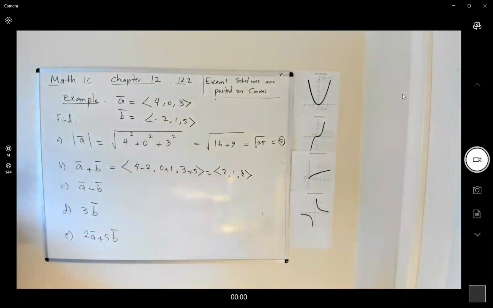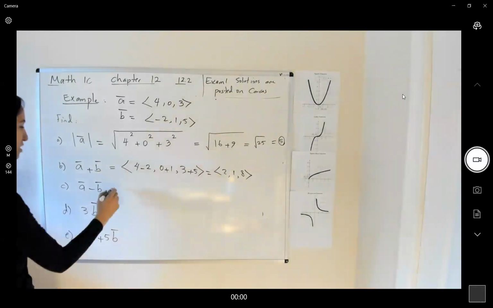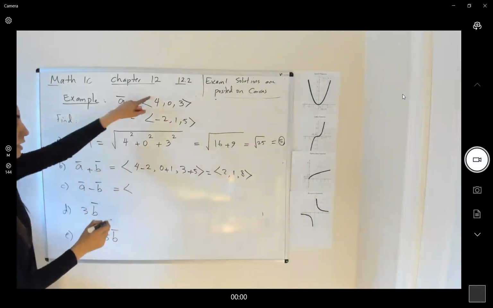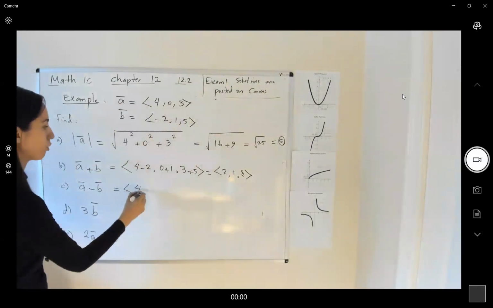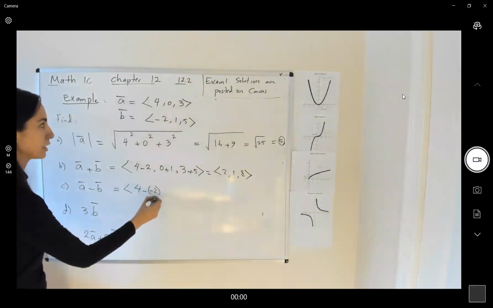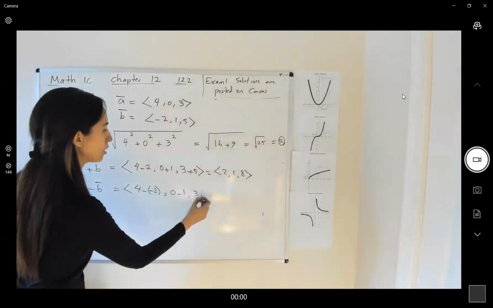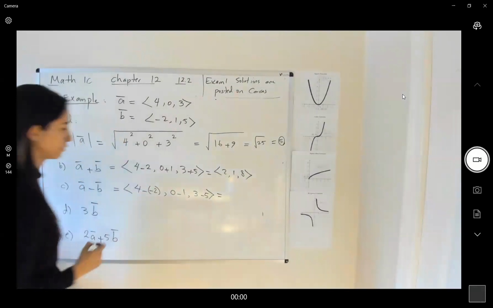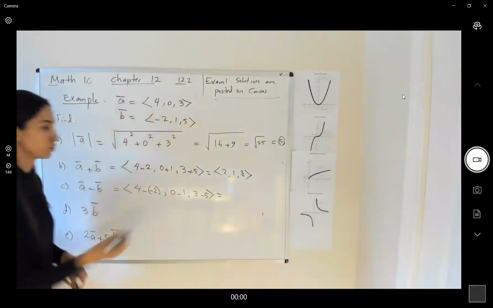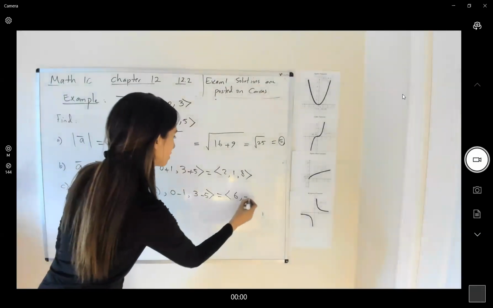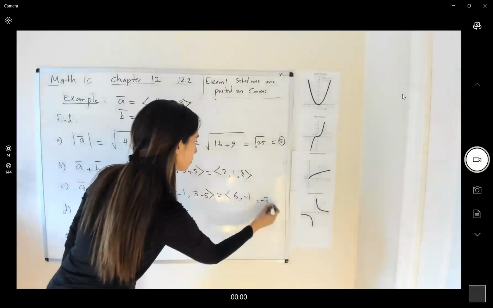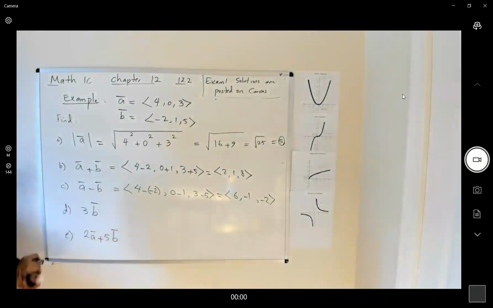Now it says find the difference between these two vectors. A minus B, so 4 minus -2, comma, 0 minus 1, comma, 3 minus 5, which is 6, -1, and -2.